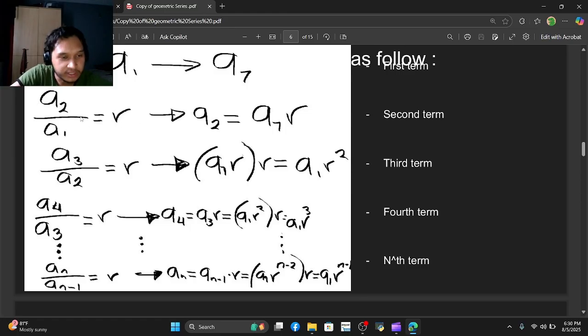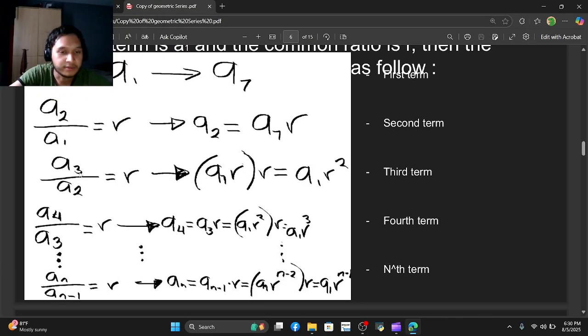Now what I'm doing here, as hopefully you can see my pointer, is moving this to this side, so we can know what the second term is. Okay, we're putting it into the second term.